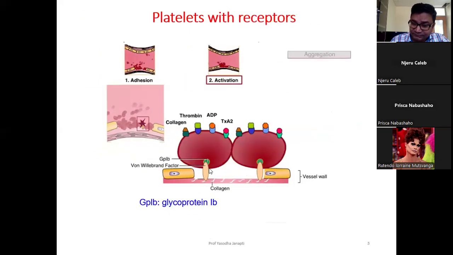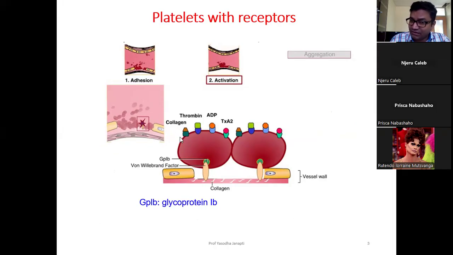Because God has created it so, if GP1b activates and Von Willebrand factor gets activated, that is not enough. That is the signal. The conformational changes we get after binding are not enough to call other platelets to come across.